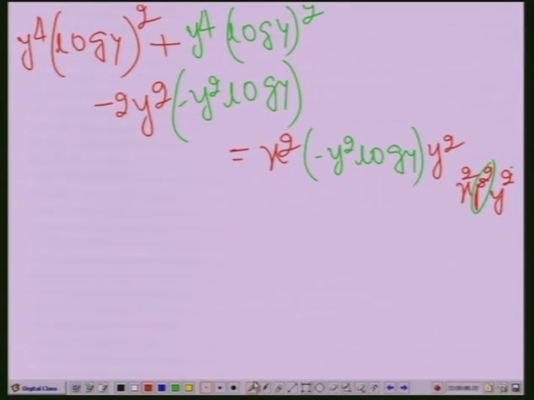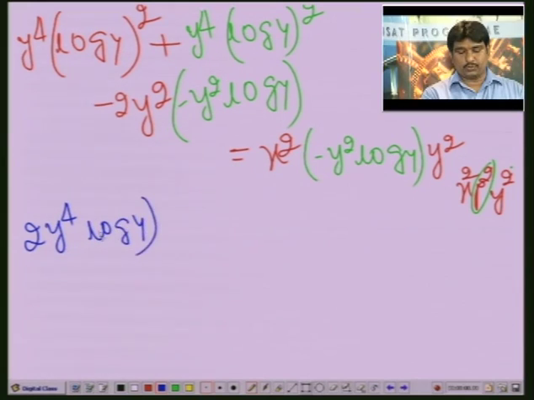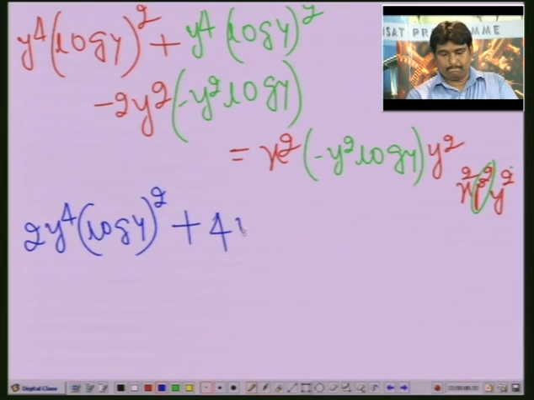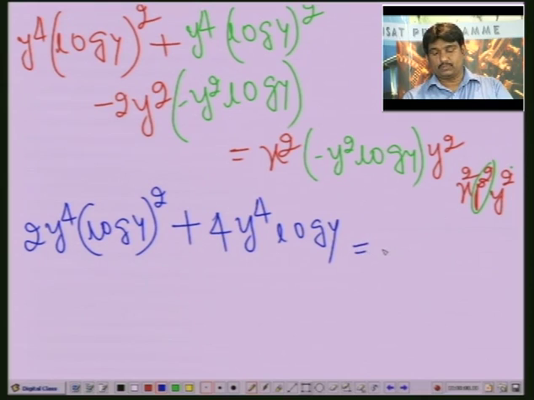Okay, consider. We have y to the power of 4 log y whole square plus y to the power of 4 log y whole square, which is 2 times y to the power of 4 log y the whole square, plus minus 2y square times minus y square log y, which is plus 2y to the power of 4 log y, plus 4y to the power of 4 into log y equals the right hand side, minus x square y to the power of 4 into log y.